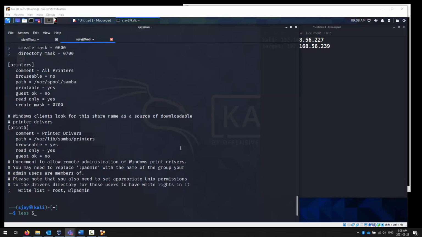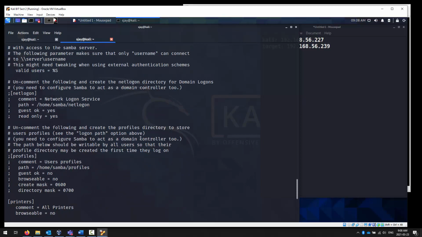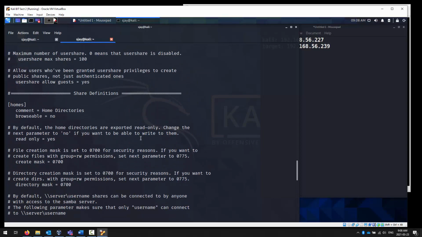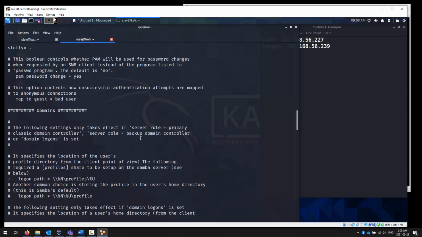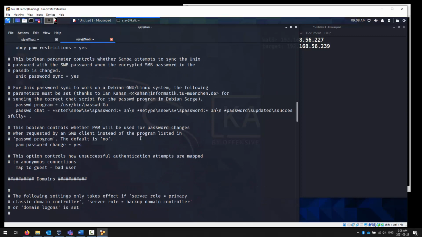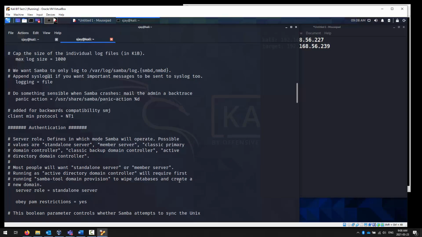Client, I better not because I'm going to screw it up. Client min protocol is equal to NT1, and I'm not sure if it is case sensitive.